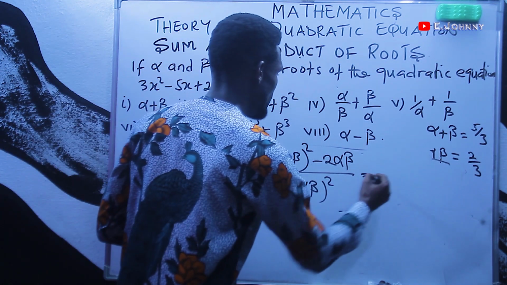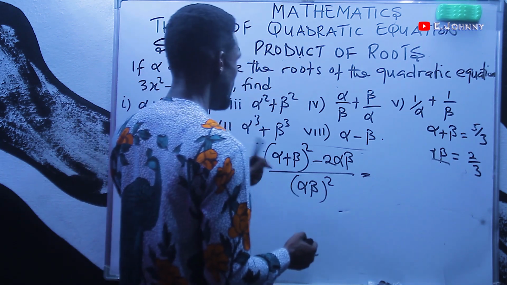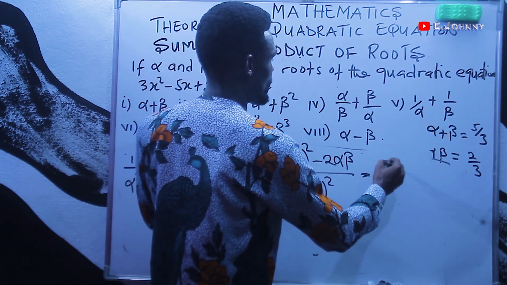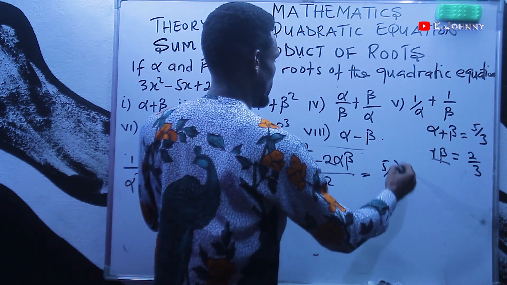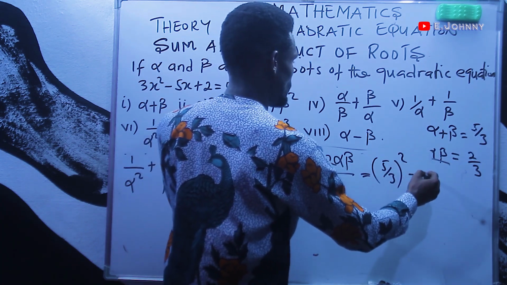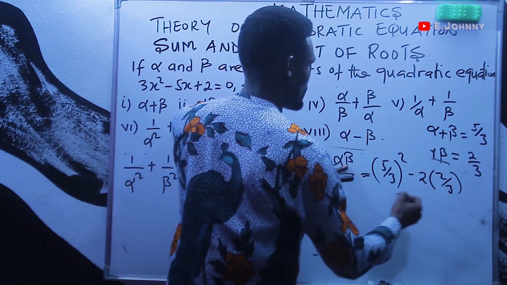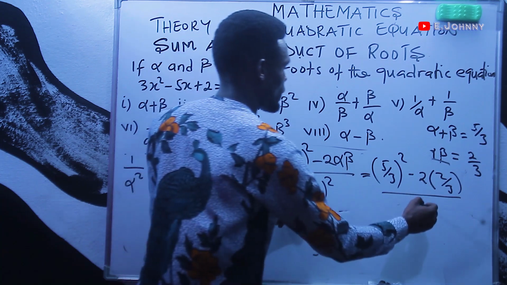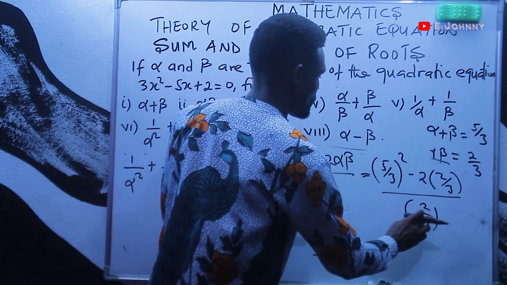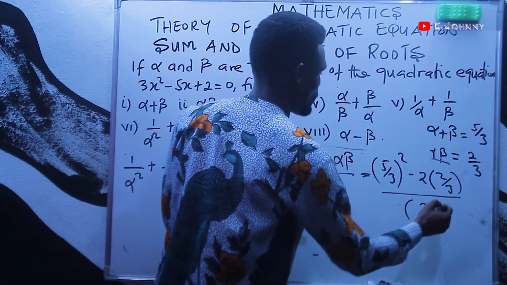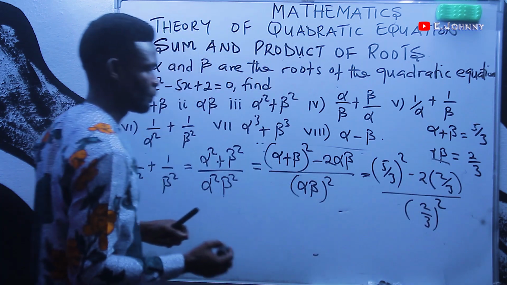So from here we can now say that this is equal to, what is alpha plus beta? It is 5 over 3 here, squared, minus 2 into alpha beta, which is 2 over 3, divided by alpha beta, 2 over 3, raised to power 2.